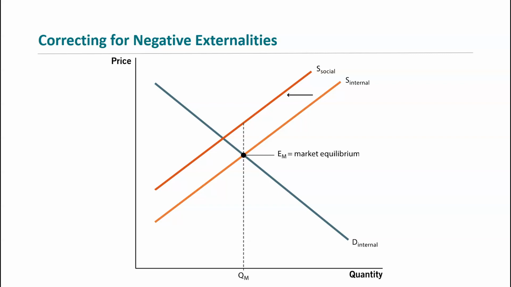And so that means that if we have a social supply curve, if we consider the social costs of our market activity, then we actually would have a socially optimal equilibrium that's somewhere to the left and upward of the market equilibrium that occurs when folks just act and behave in their own self-interest, right?